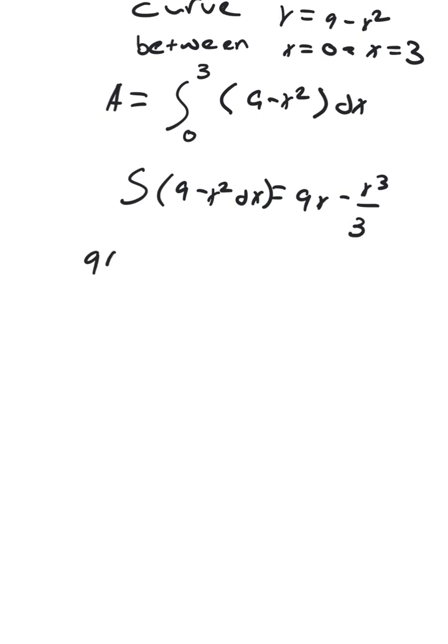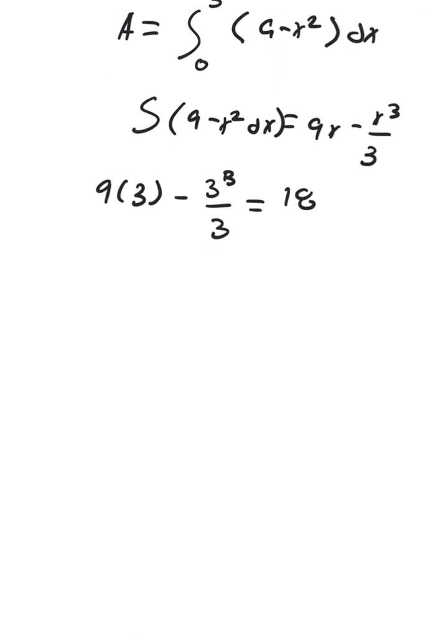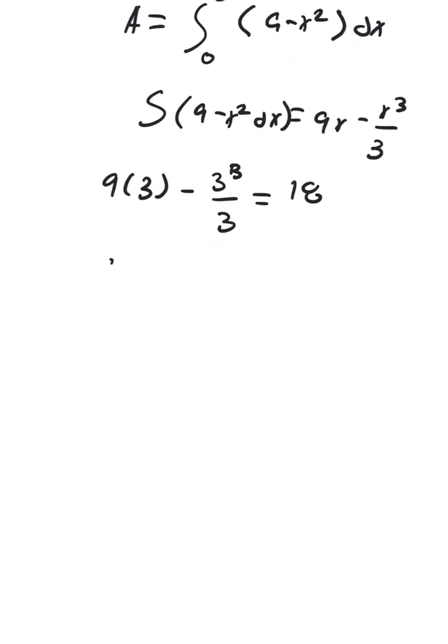So 9 times 3 minus 3 cubed over 3 equals 18. Let's solve for 0. 9 times 0 minus 0 cubed over 3 is going to equal 0.